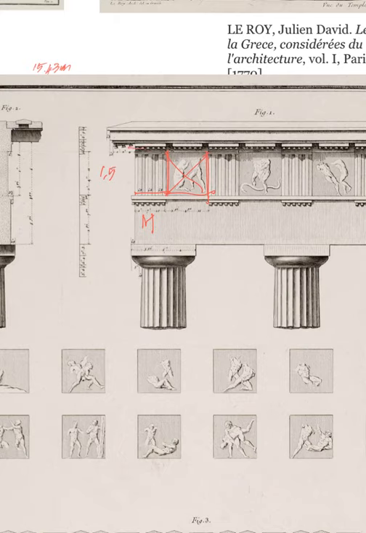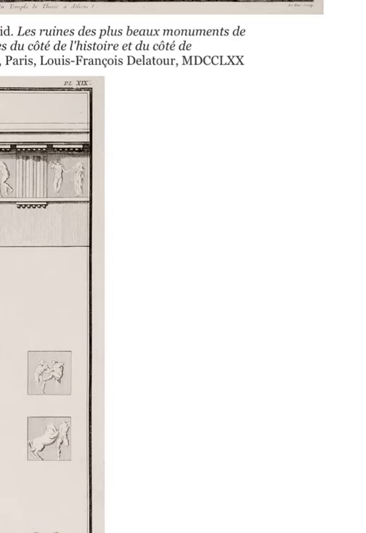Also note that above each column there is a triglyph, and in between each column, or the columns, there is another one. And now you should understand where the 5 in our formula comes from.